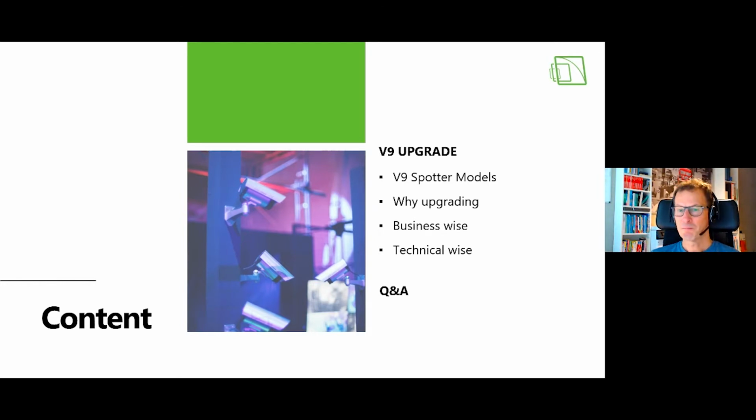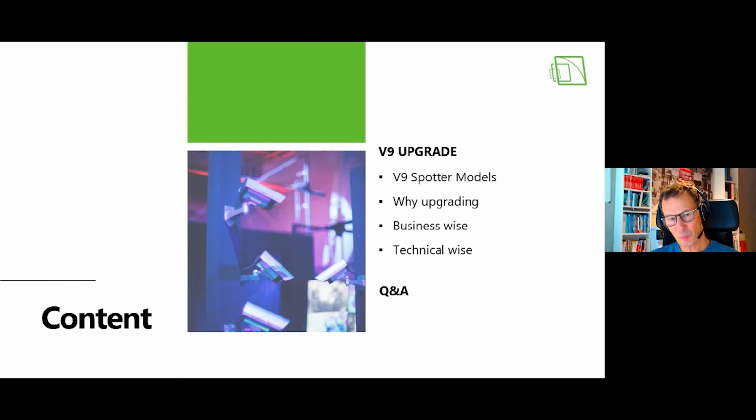So, okay. What are we talking about today? First of all, we want to talk about the upgrade. So I need to give you an introduction into the different Spotter models. Then we will ask ourselves, why should I upgrade? Why should I do this? And then we also need to look at two perspectives.